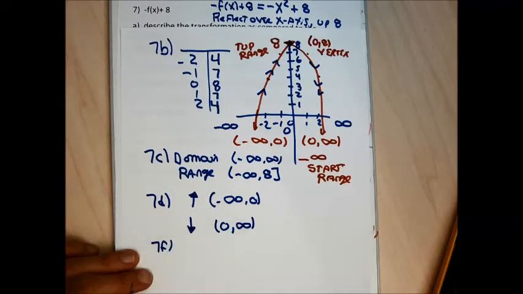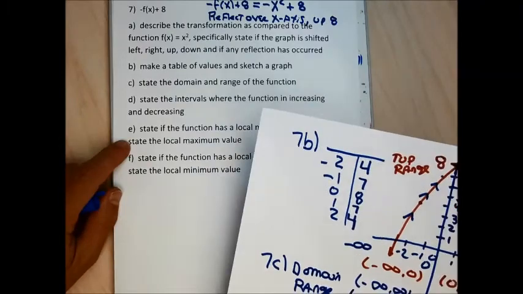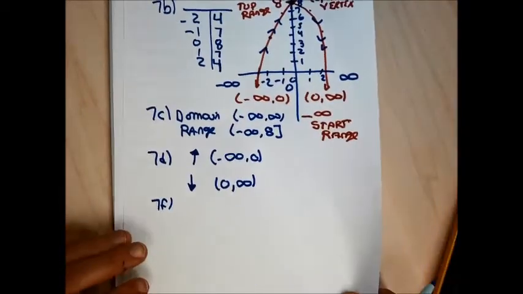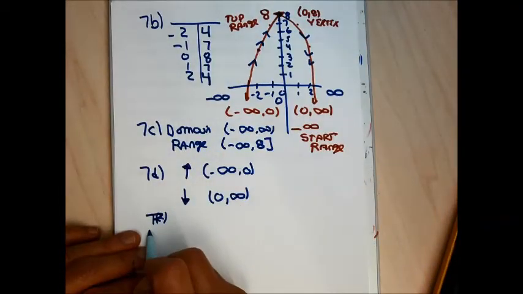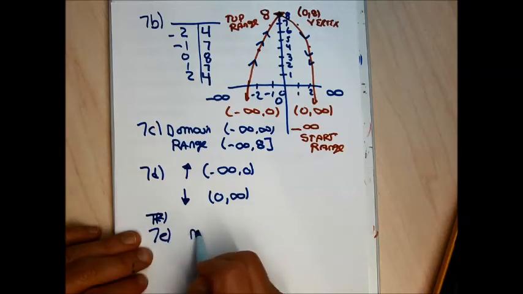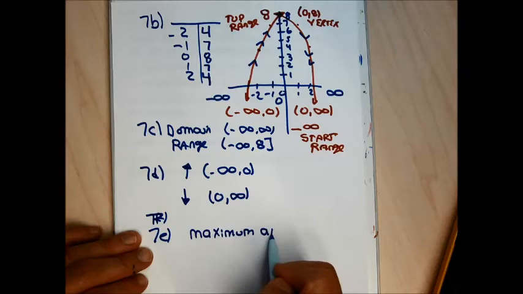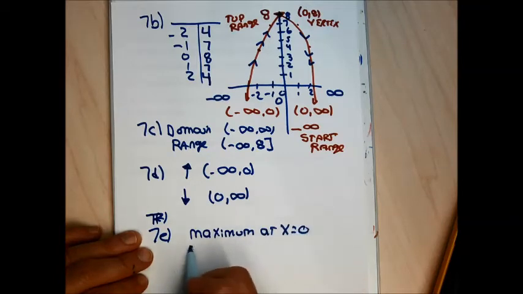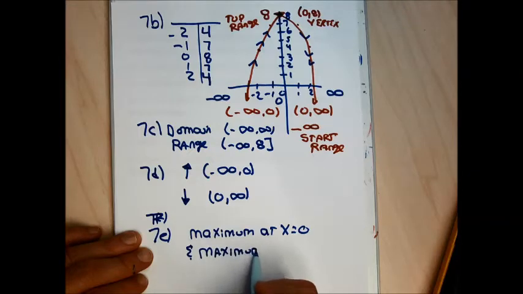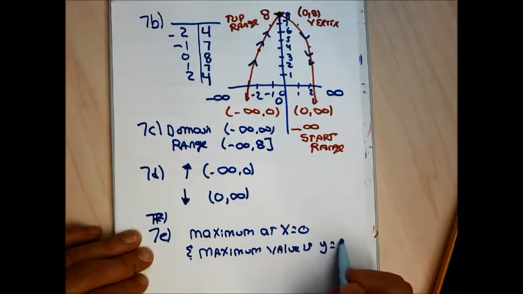7E wants me to identify a maximum point, and this vertex is a maximum point. So I'm going to say there's a maximum at x equals 0, and the maximum value is y equal to 8.